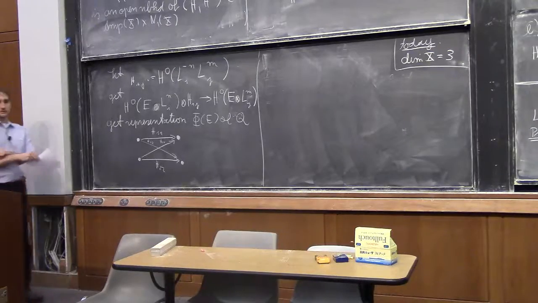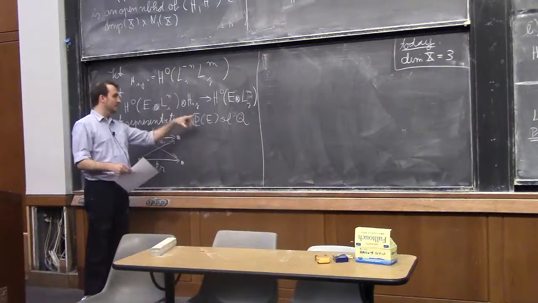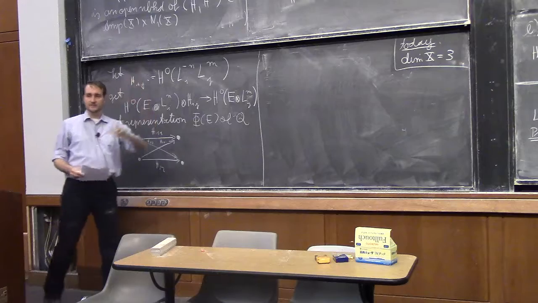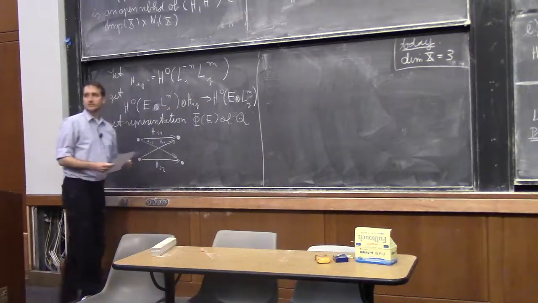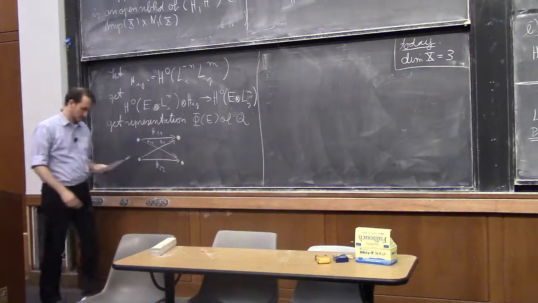I will later claim that if I fix n and m big enough, then something happens. At the moment, for each n and m, I get representations of this quiver.